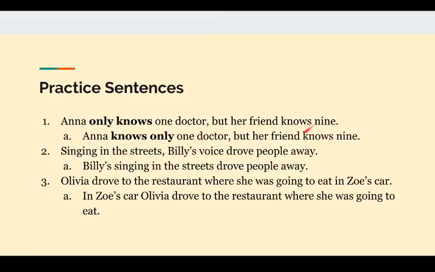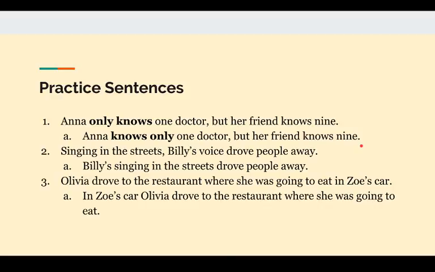So that's implying that while blank here, her friend knows 9. So that we know that the first part of the sentence has to say something about Anna only knowing a limited amount of doctors. So that's why we have to put the only after knows to say that Anna knows only 1, but her friend knows 9.